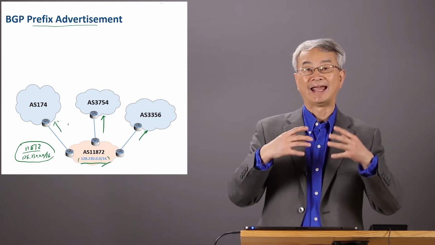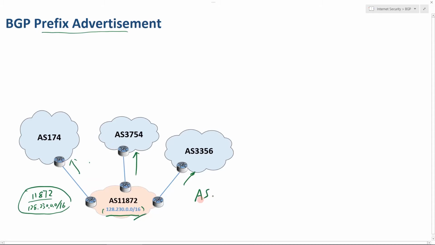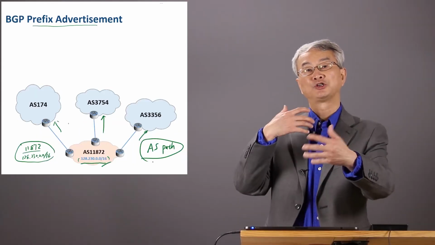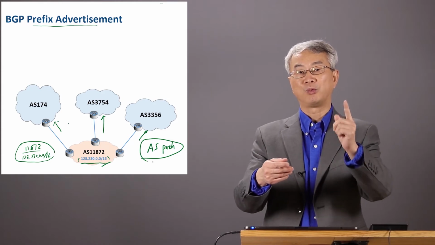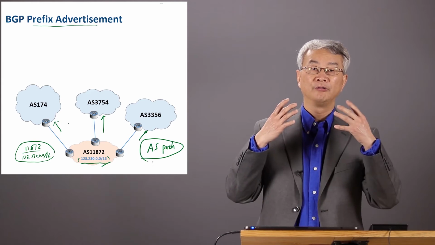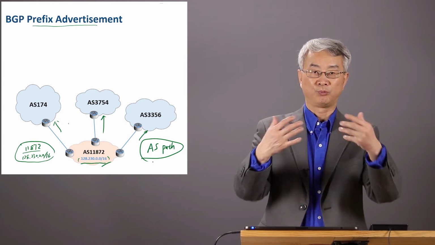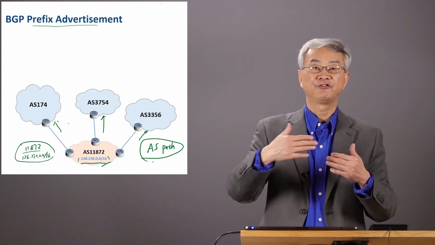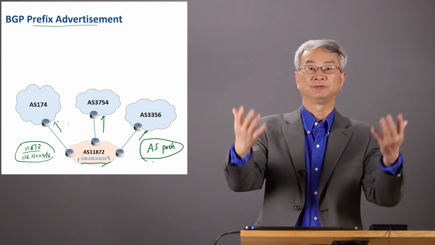And this is called the AS path. It contains autonomous systems, and right now there's only one node on this AS path. But now the next autonomous systems are going to further disseminate the information to the rest of the world.